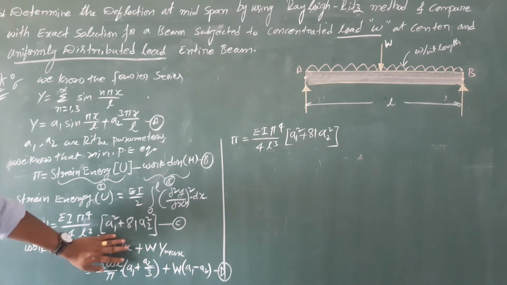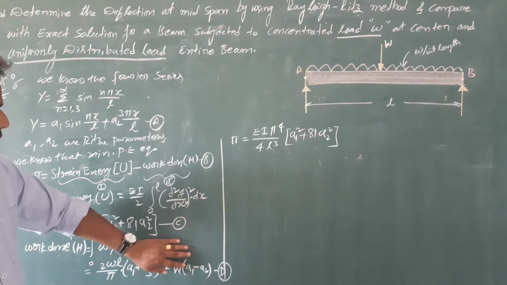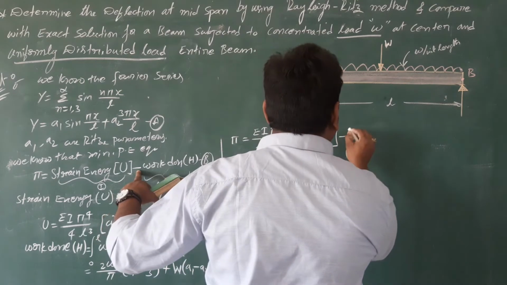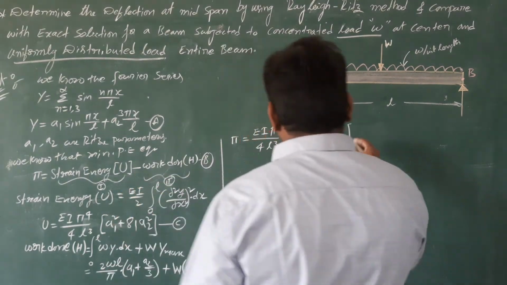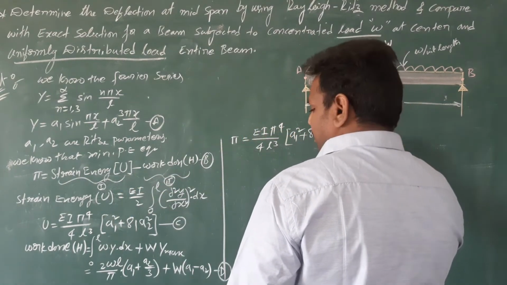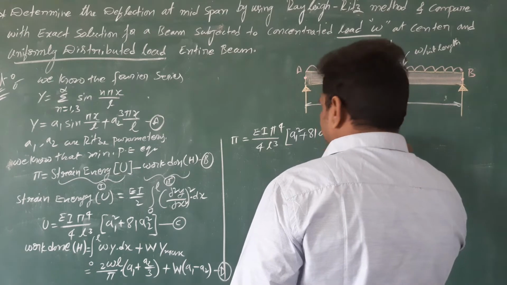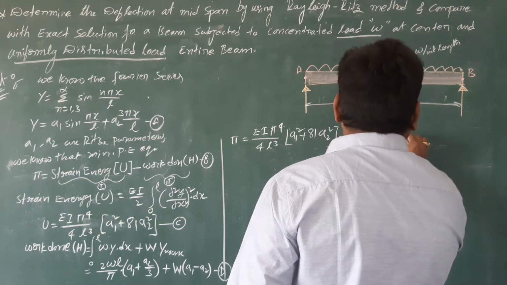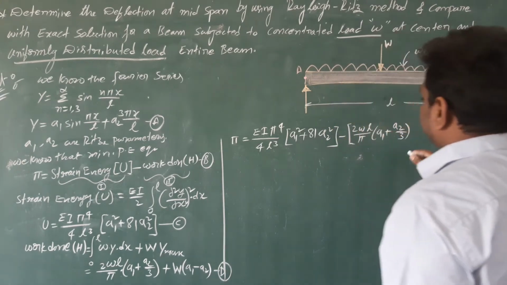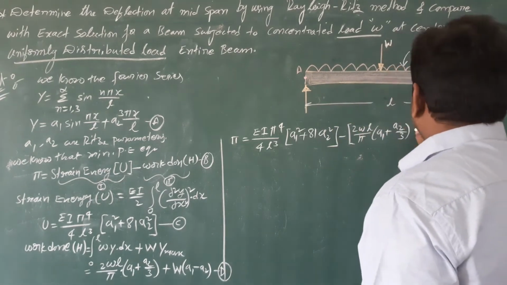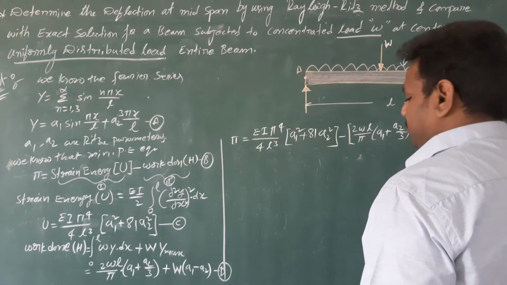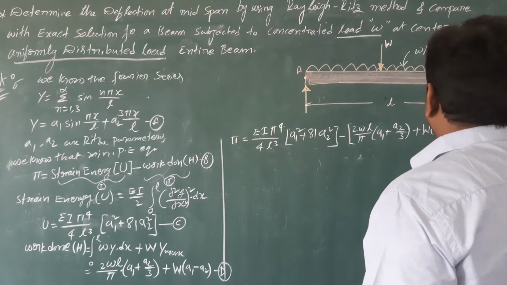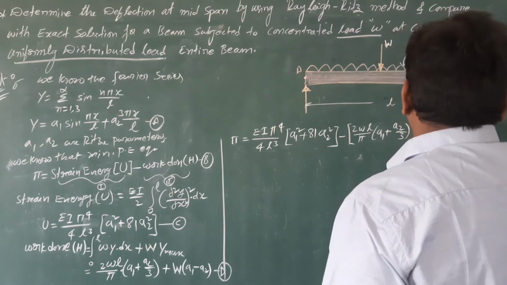This term is the UDL load and this is the point load: minus 2wL by pi into A1 plus A2 by 3, plus capital W into A1 minus A2. This is the work done.